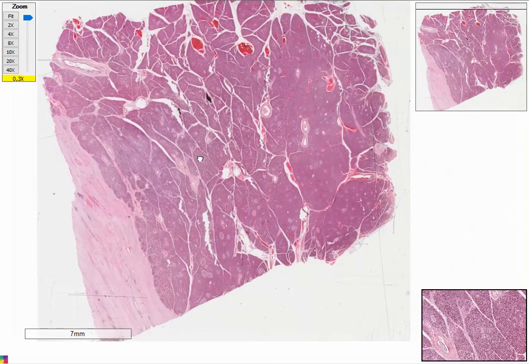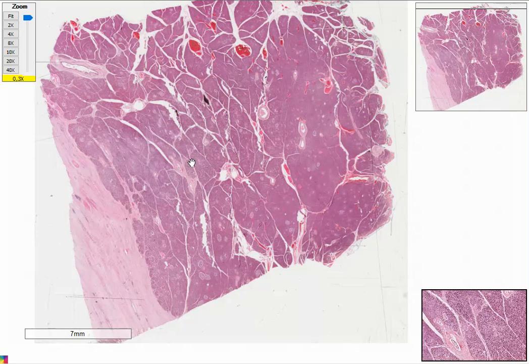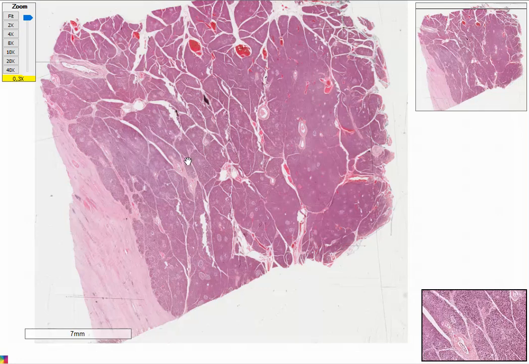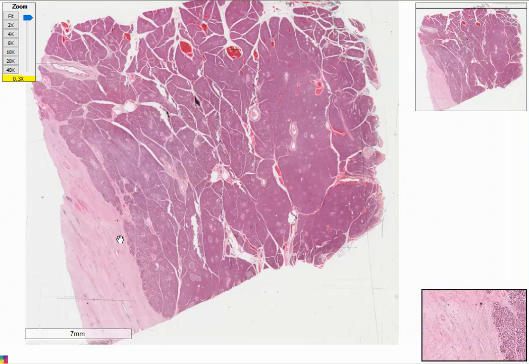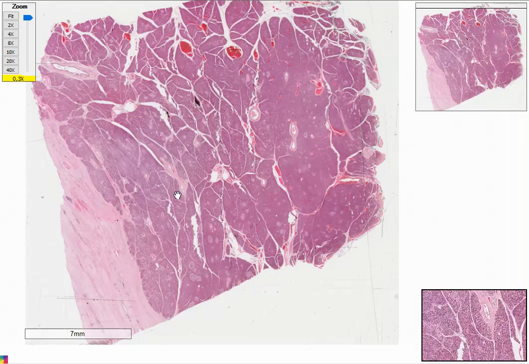So today we can see a low power view of a pancreas here, and we can see that it's encapsulated with some fibrous tissue, and it's got a lobulated architecture.